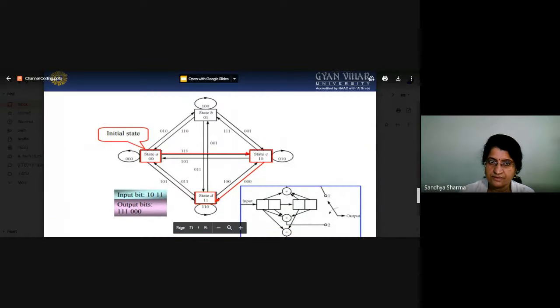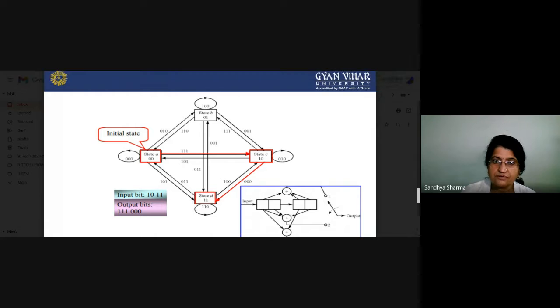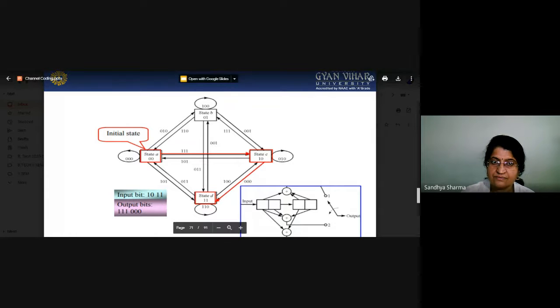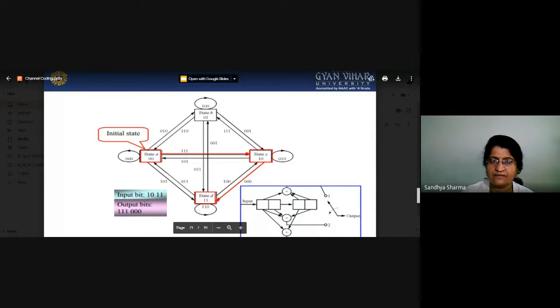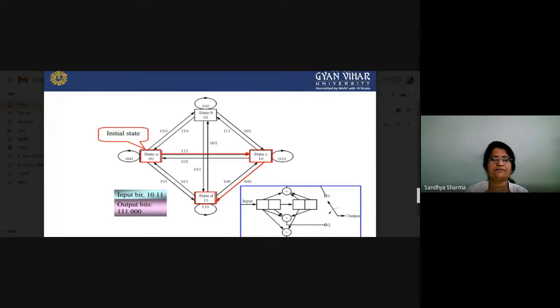When the first bit of 1011 enters, what will be the output? You can see 101, 010. So there are many options, and that will define the different options.